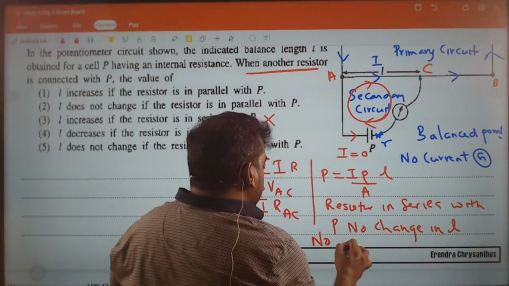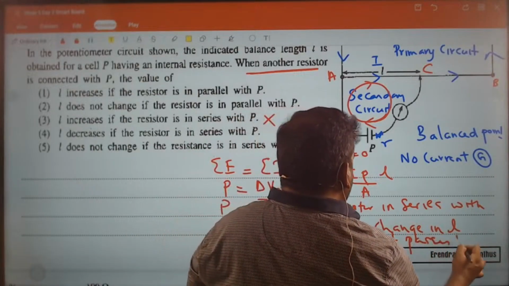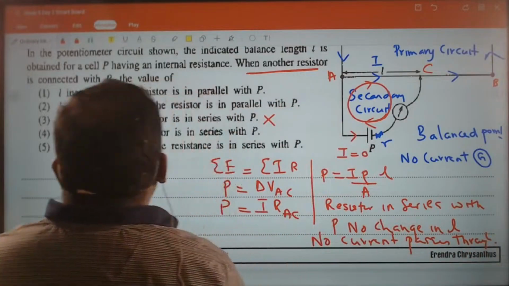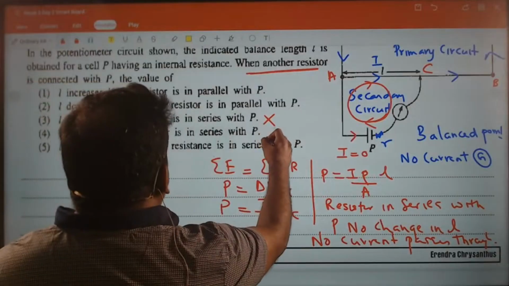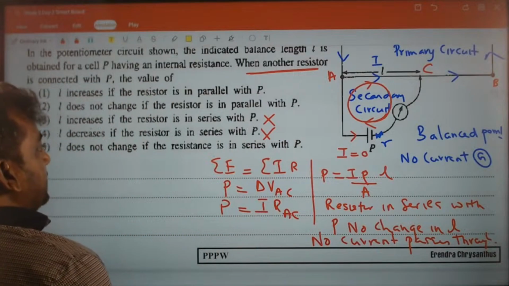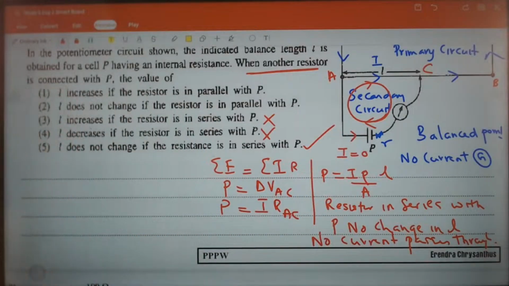No current passes through it. Very simple. L decreases if it is in series. Wrong. L does not change if the resistance is in series with P. Correct. So guaranteed I can say that.